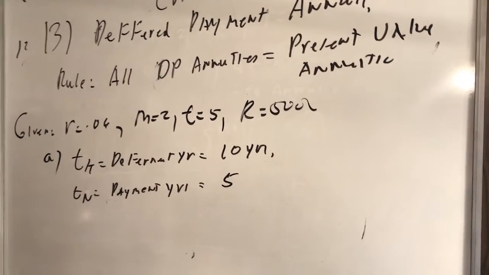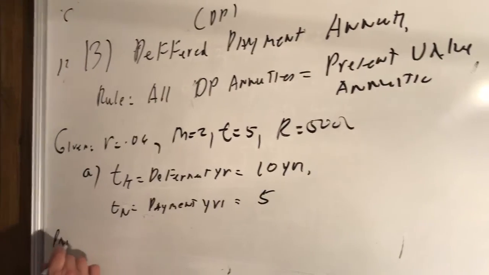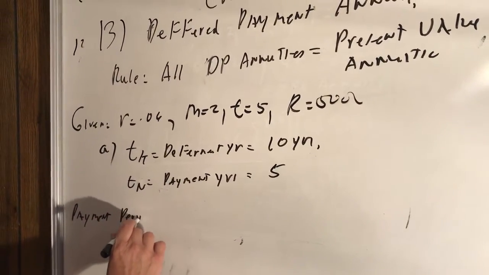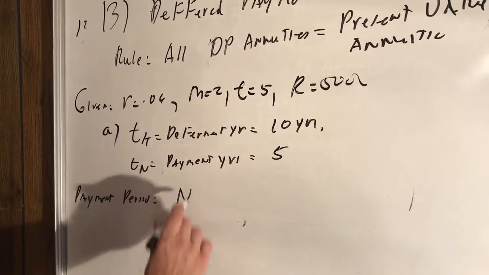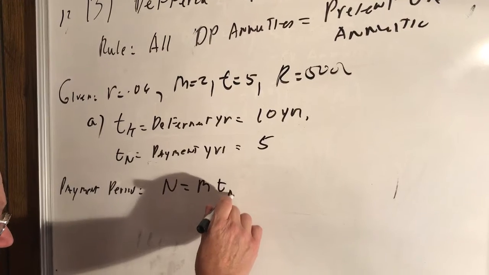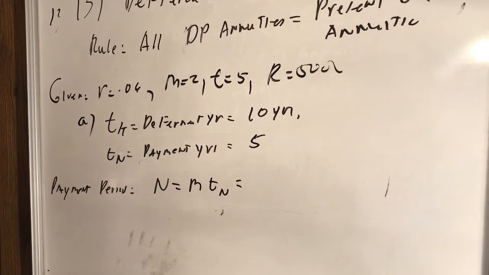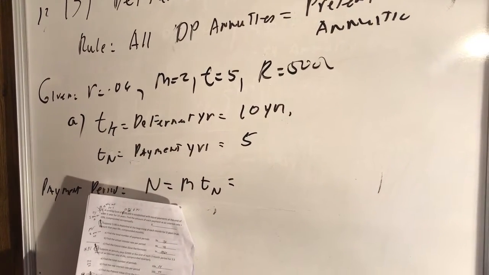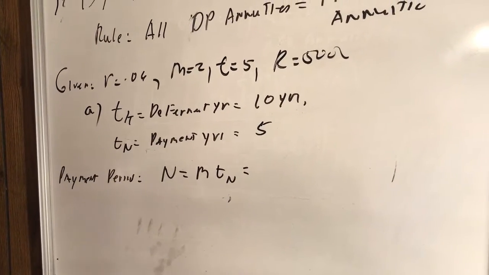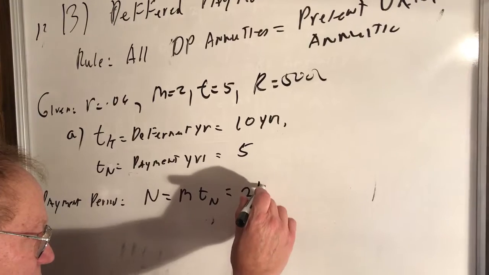Now, the payment period, that's n in the equation. That is mt of n. Okay, the compounding period times the years of payment. So it's going to be 2 times 10, 2 times 5.